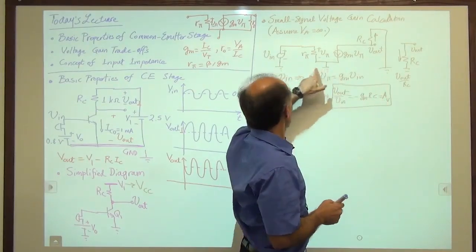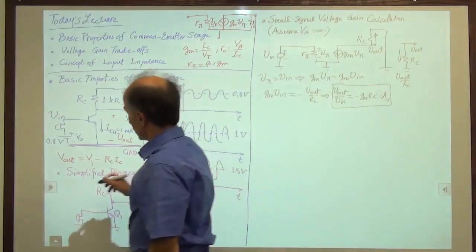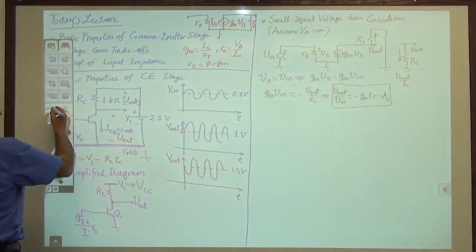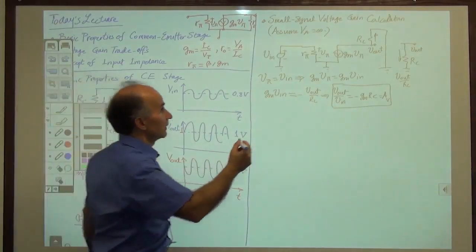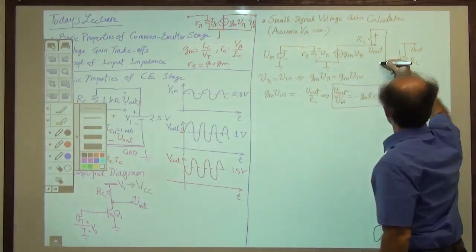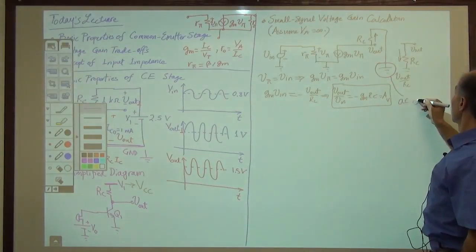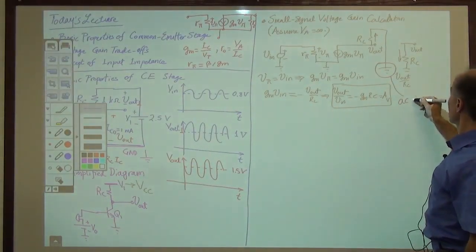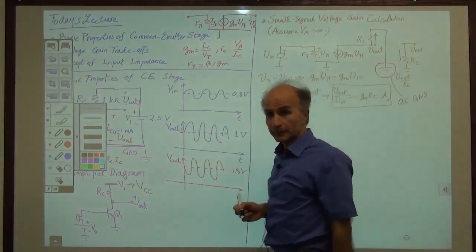So these are all AC grounds in this topology. So let me write that here so that we remember it. Sometimes we use the term AC ground just to emphasize that this was not originally ground, but as a result of going to the small signal model, it became an AC ground.